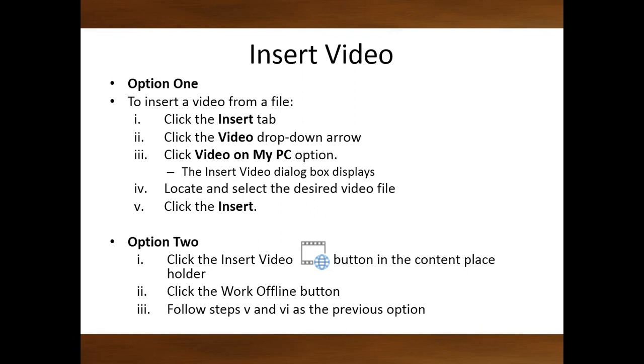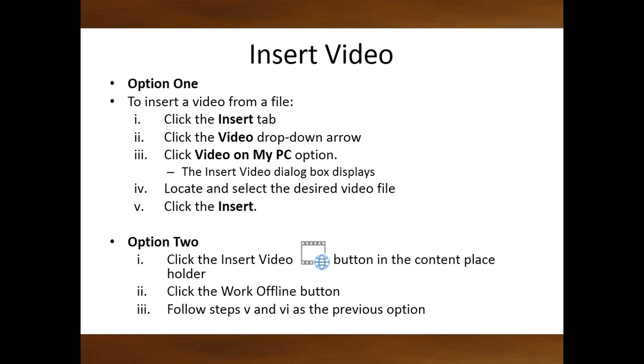Let us look at the first option, and the steps for the first option are given to us as follows. 1. Click the Insert tab. 2. Click the Video drop-down arrow. 3.